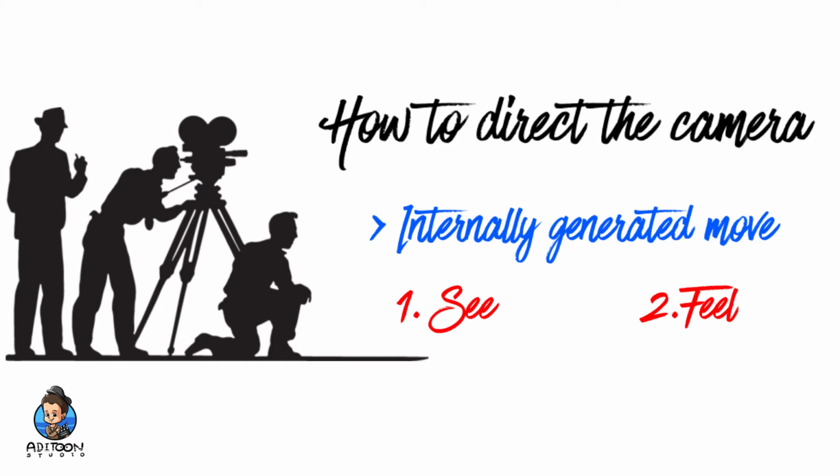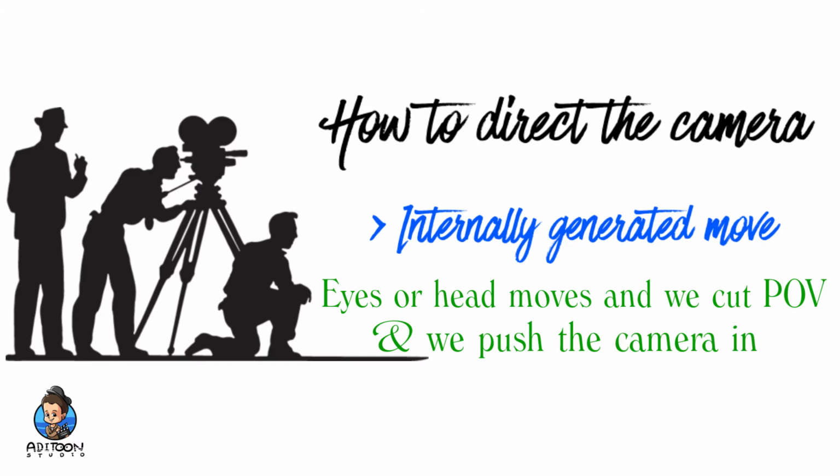So we start with a shot on the eyes of the center of the story. Okay, very important. Which means that they are following something with their eyes, right? So how do they follow? They follow with either moving their head or moving their eyes, or even the character is following by moving themselves, right?